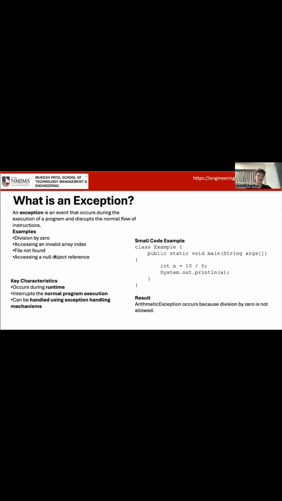Also, if you use an invalid array index, the same thing will happen. The flow of the program would be disrupted. The same goes for a file that is not found, and accessing a null object reference.